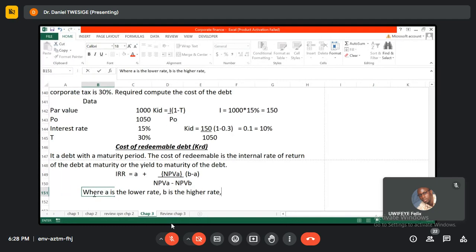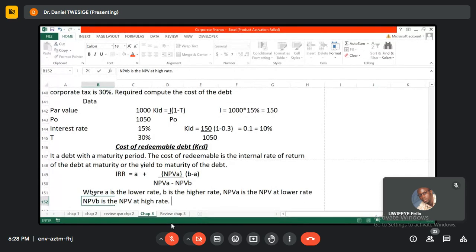So NPV at A is the NPV at the lower rate, and NPV at B is the NPV at the higher rate.